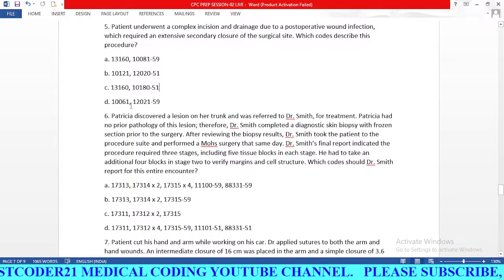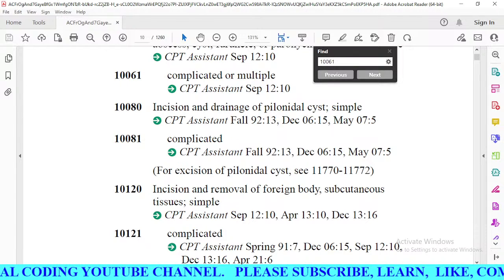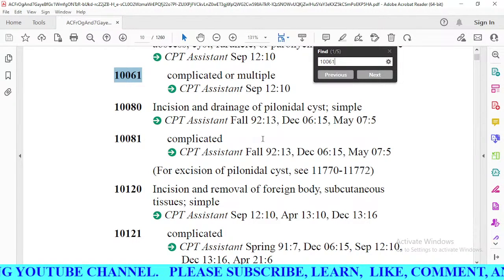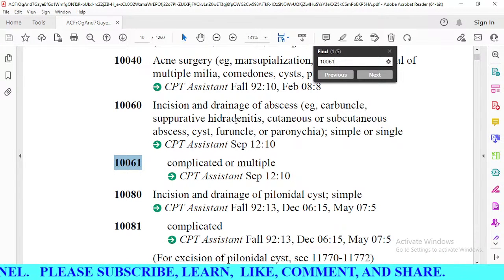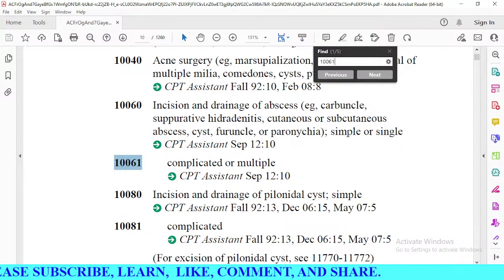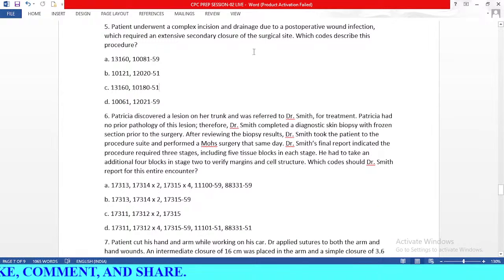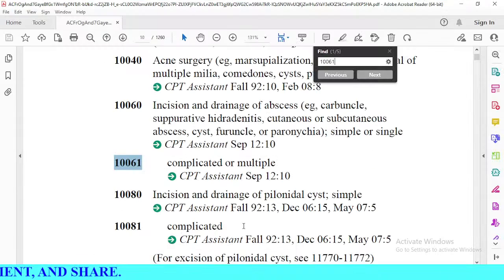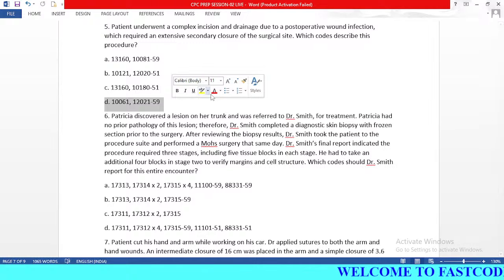So we will check 10061. 10061 is for incision and drainage of abscess, carbuncle, suppurative hidradenitis, cutaneous or subcutaneous, simple or single, complicated or multiple. So here we need to check this code description with our question. Ours is not an abscess. Ours is post-operative wound infection. So the third one is also wrong. Sorry, D is also wrong.